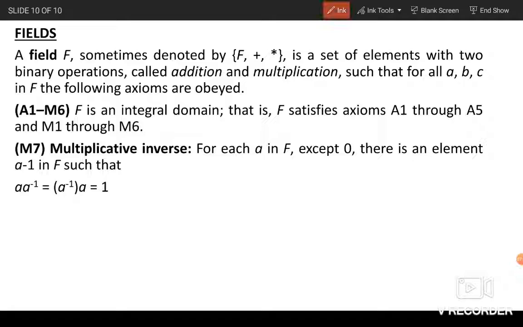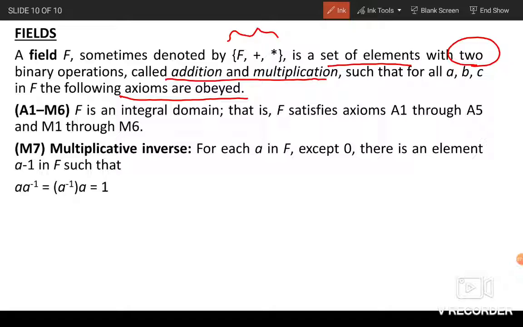The next algebraic structure is field. A field is denoted as F, plus, star. Again, it is also a set of elements with two binary operations called addition and multiplication, and here also we have to follow the addition axioms and the multiplicative axioms.